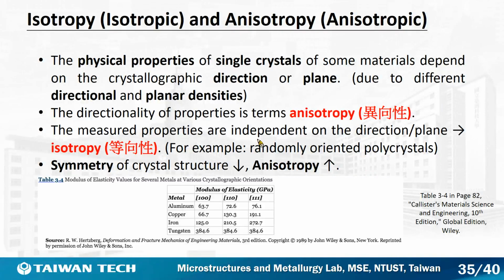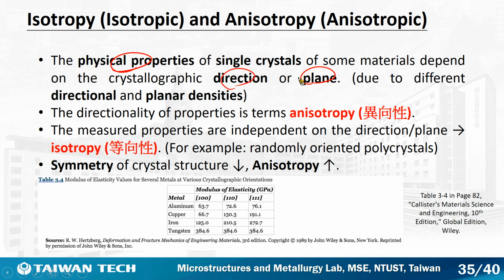Okay, let's talk about isotropic and anisotropic. Now we know the crystal structures can be indexed for point, direction, and planes. And actually, the physical properties of materials could depend on its direction or plane.